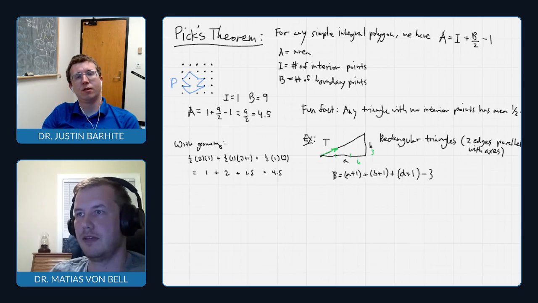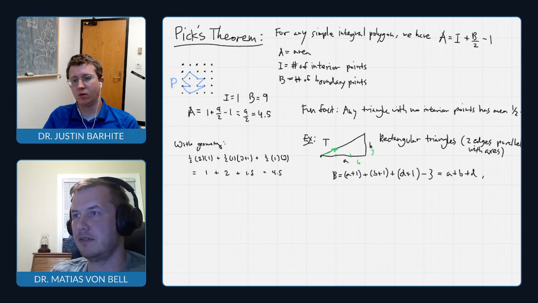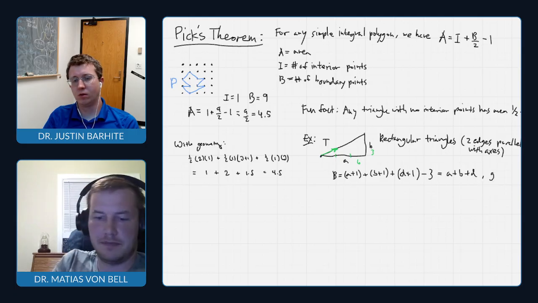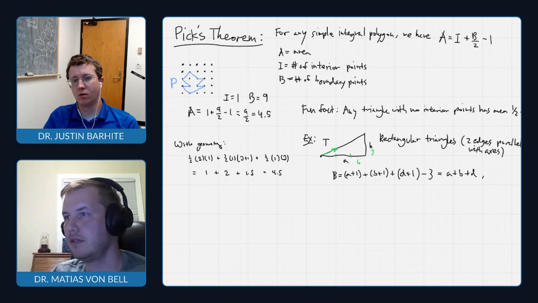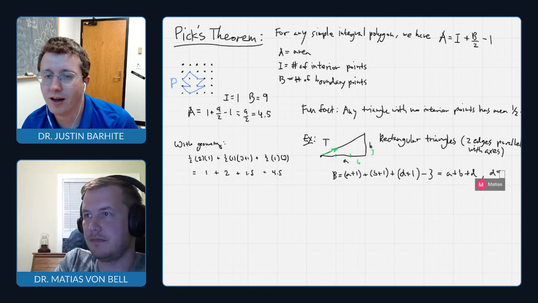And so then the formula for B, the boundary points, is just a plus b plus d, where d is the greatest common divisor.